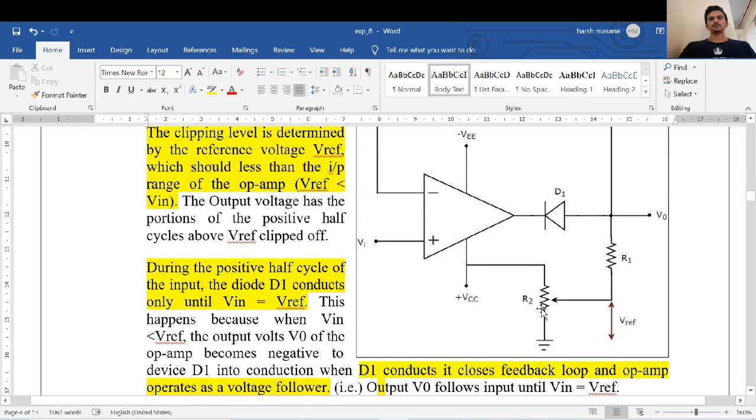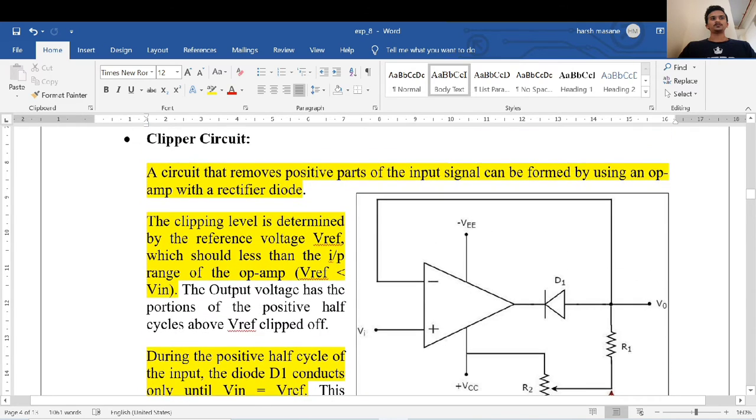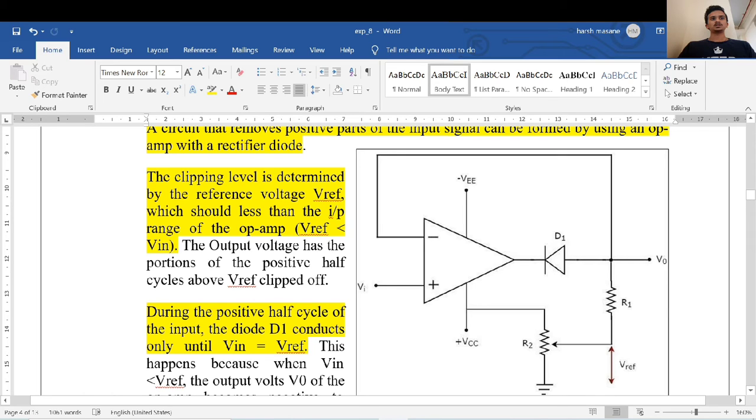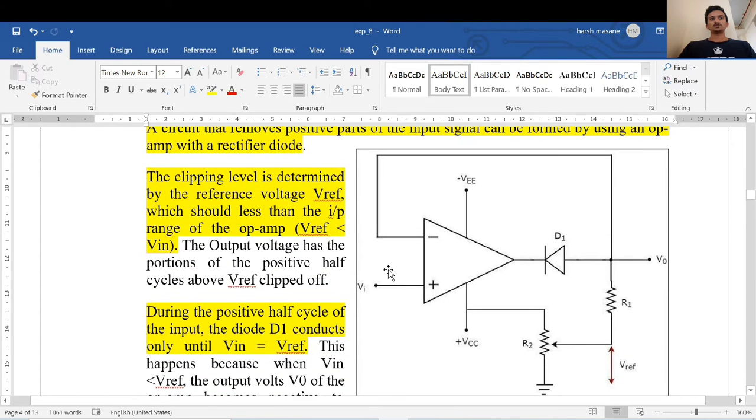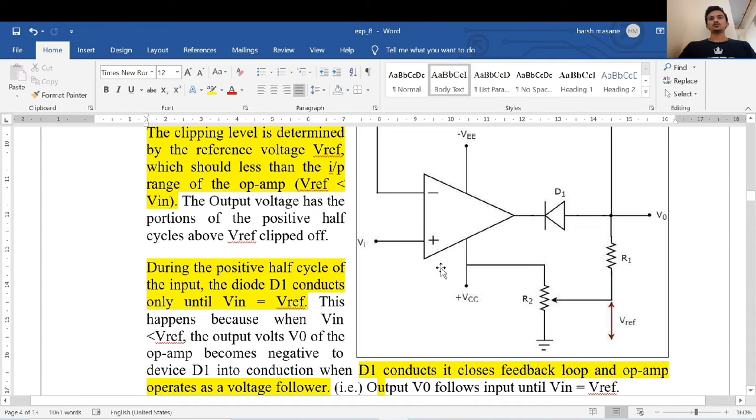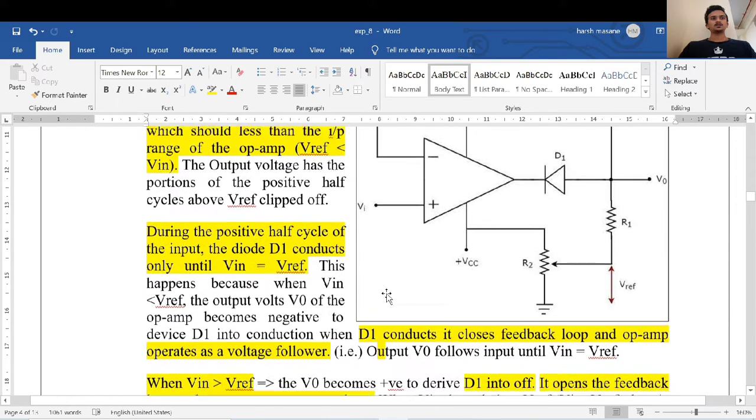This here is the reference voltage we provide. So if the input signal is in the range of the Vref, the output will be provided, and if it goes out of the range, then the circuit gets clipped.